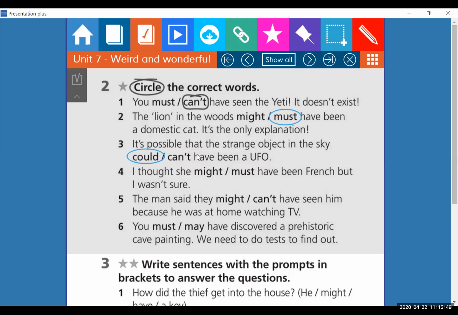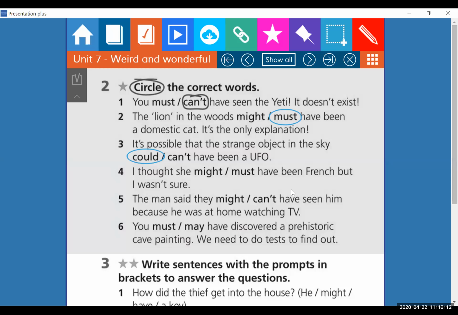Why? Because it's possible that the strange object in the sky could have been a UFO. So it's possible is giving us the key to open the door, and the answer is could.